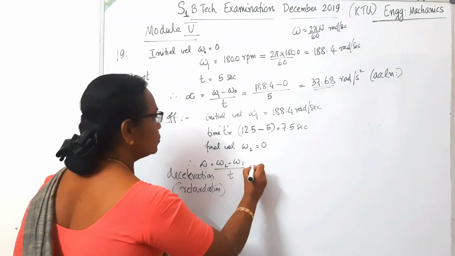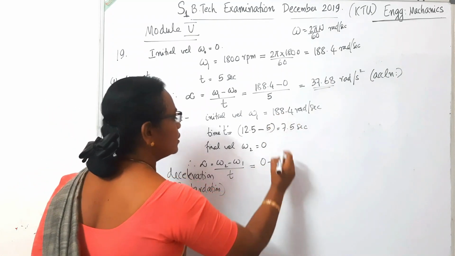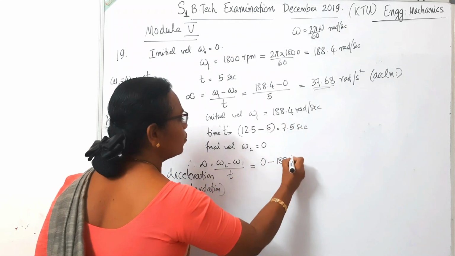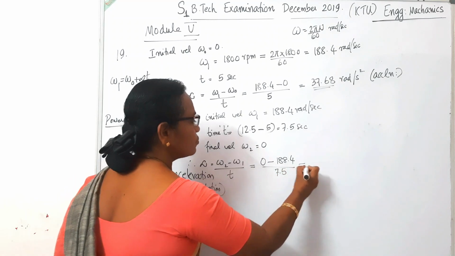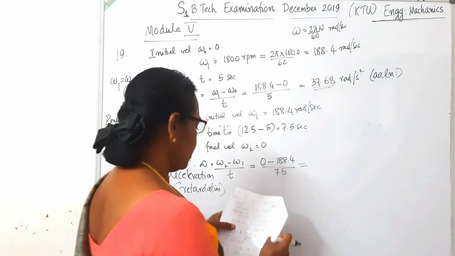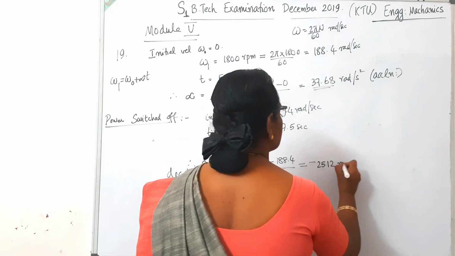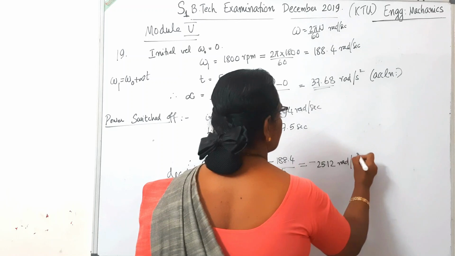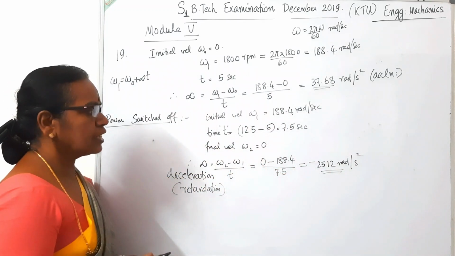So it is equal to omega 2 final velocity 0 minus initial 188.4 divided by the time 7.5. So it works out to minus 25.12 radian per second square. So this is the answer required. What is the deceleration or retardation?